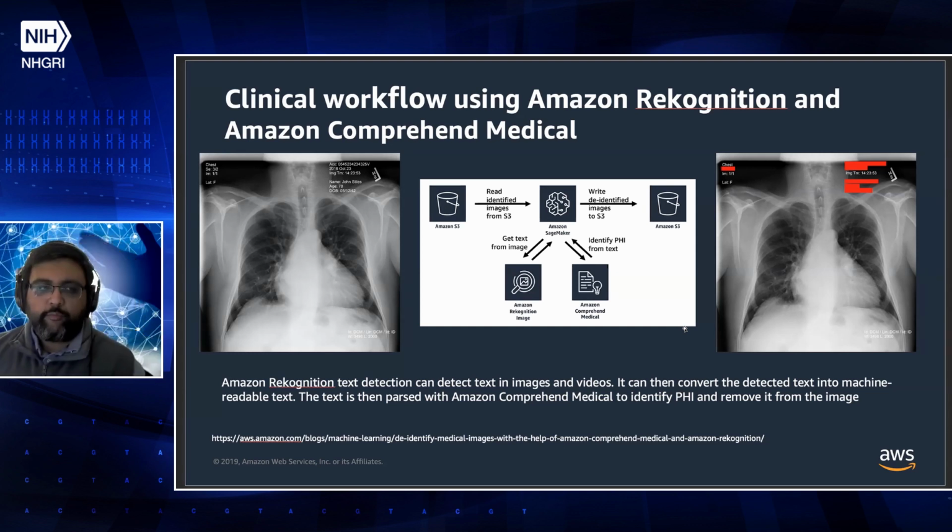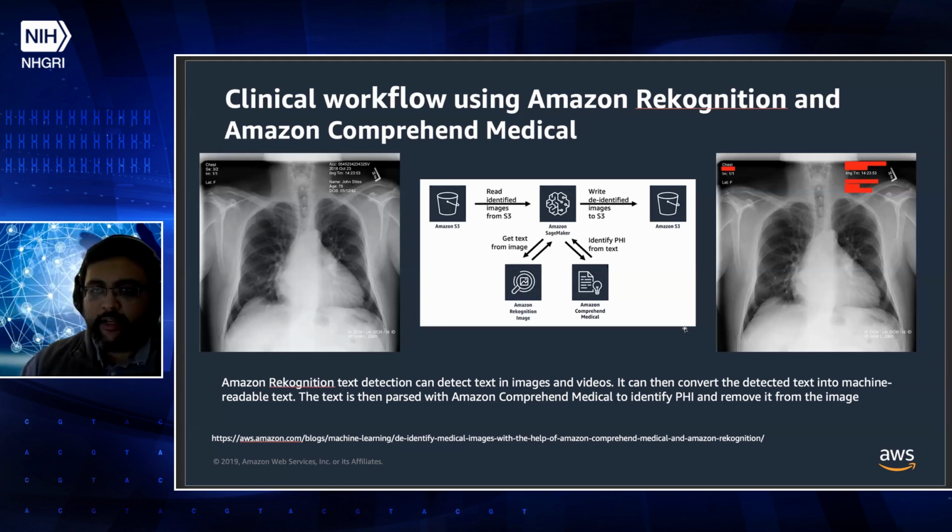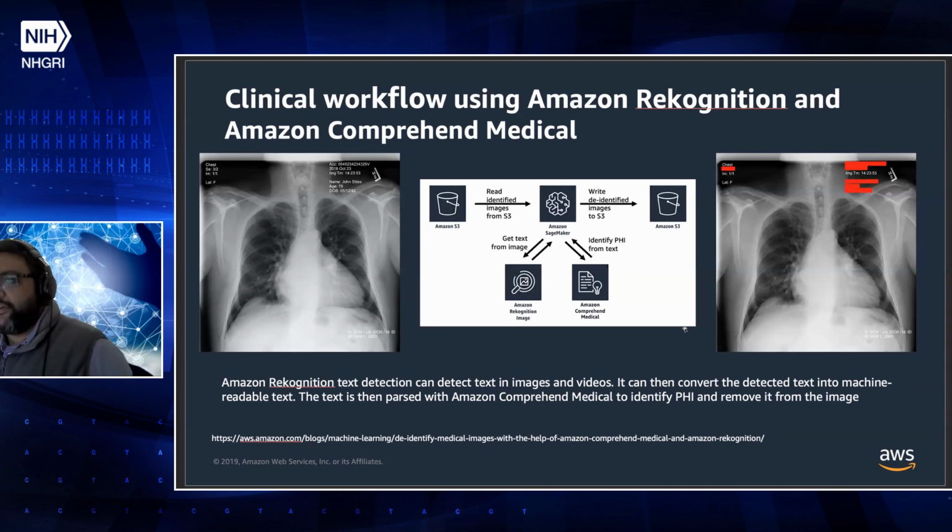So you can put all the data in an S3 bucket, and then using Amazon SageMaker, you use Rekognition to first identify all the text in that image, and then using Comprehend Medical, you can identify the PHI, the identifiable information in that text, and then de-identify it or remove it from the image, and then write it back in a de-identified form in S3 for researchers to use.